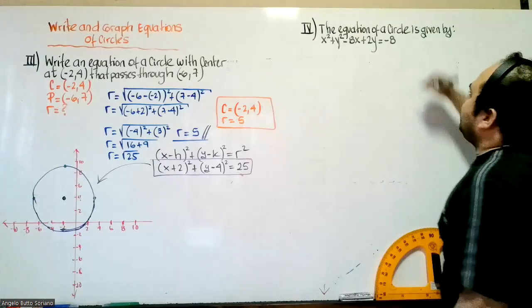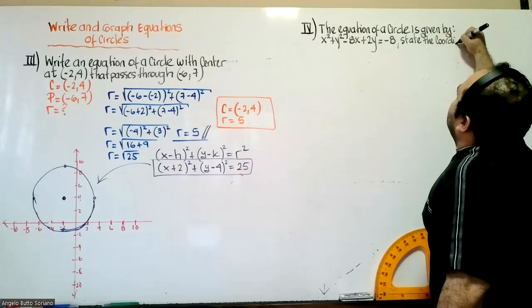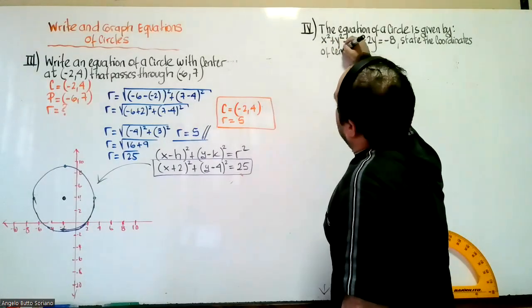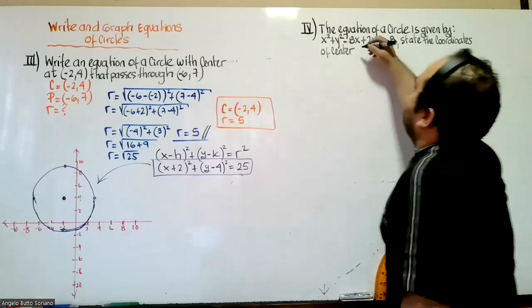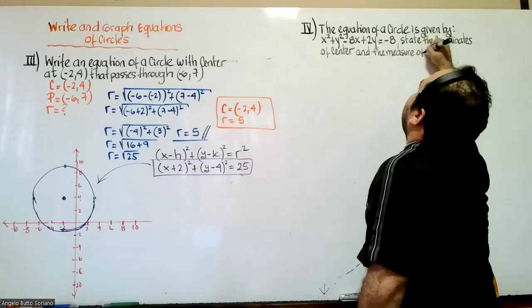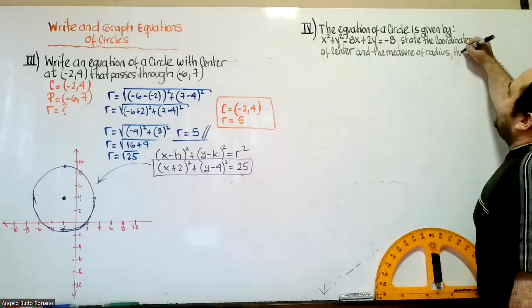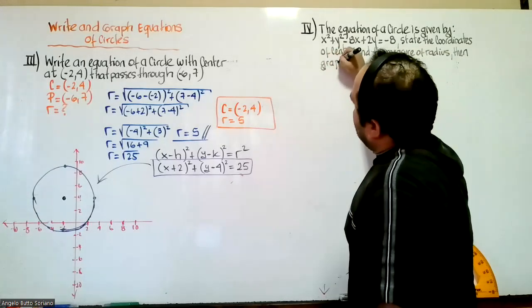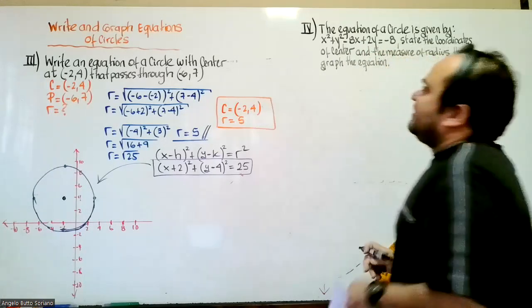Okay, state the coordinates of the center and the measure of the radius, then graph the equation.